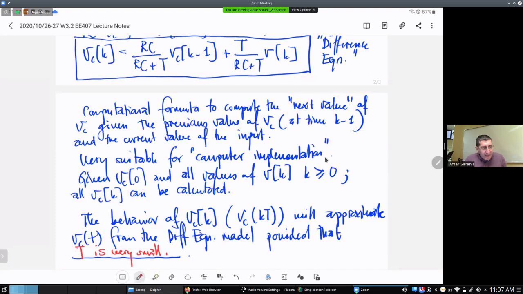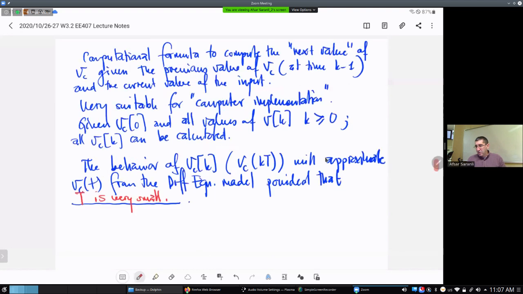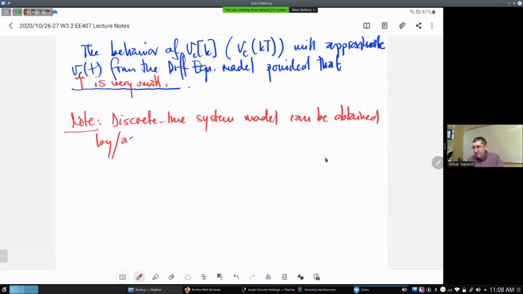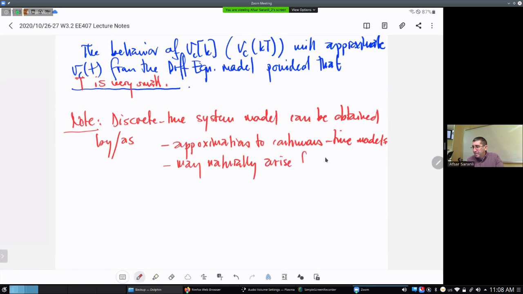Now, let me also make a remark. Discrete time system models can be obtained as approximations to continuous time models, the way I have illustrated, but also may naturally arise from discrete time physical processes.